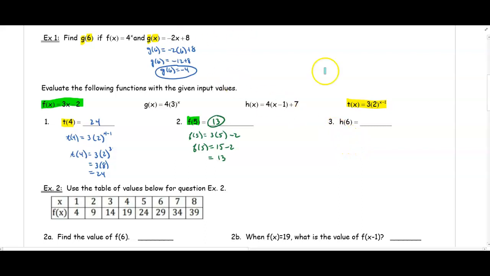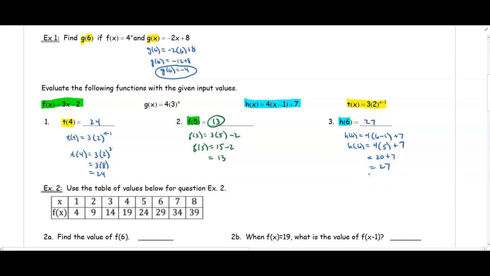Then h of 6 tells me to use function h, and everywhere I see an x, I replace it with a 6. So h of 6 equals 4 times 6 minus 1 plus 7, which gives me 4 times, remember parentheses first, 6 minus 1 is 5. 4 times 5 is 20, plus 7 would be 27.